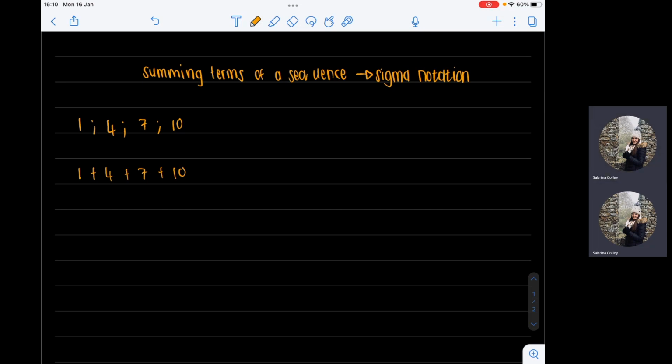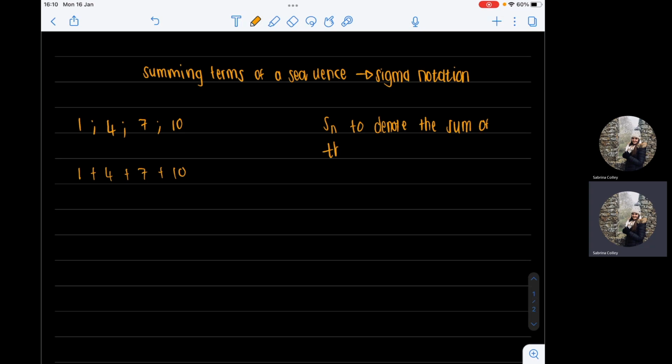So basically, if I wanted to find out what the sum of the first 3 terms is, we would use the symbol S_n to denote the sum of the first n terms of a series.